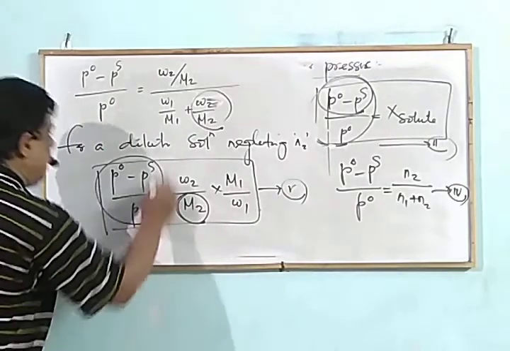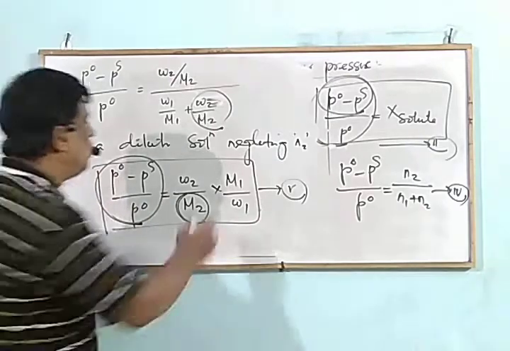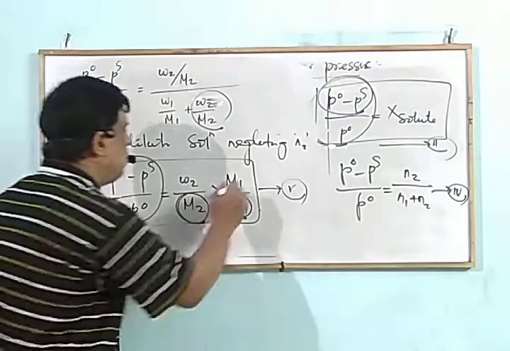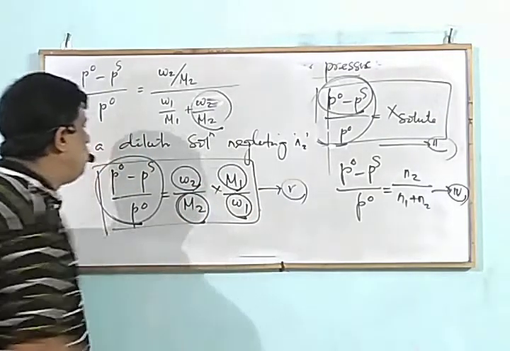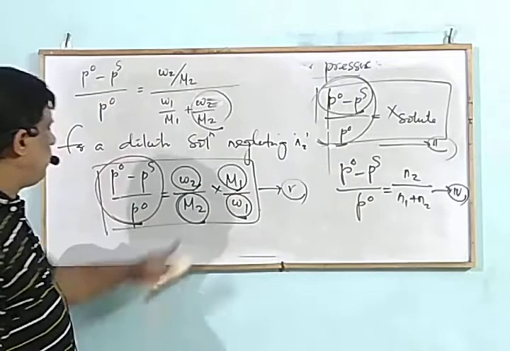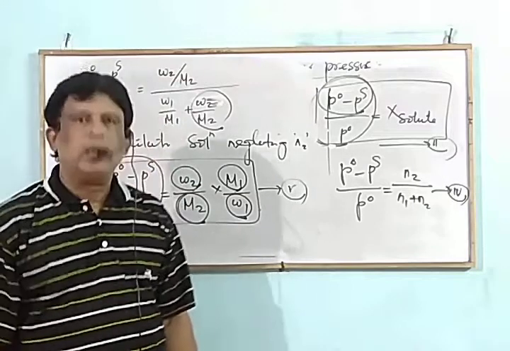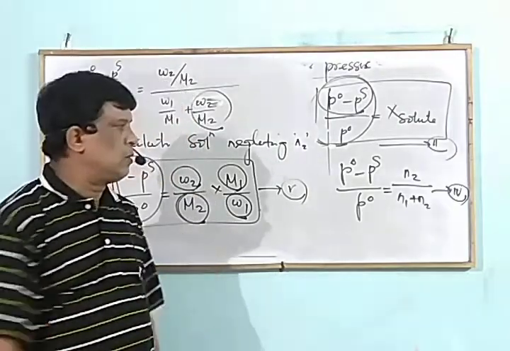If relative lowering vapor pressure, RLVP, is given, weight of the solvent is given, molecular mass of solvent is given, weight of solute is given, if these factors are given, then one is easily able to calculate the molecular mass of solute from this expression.